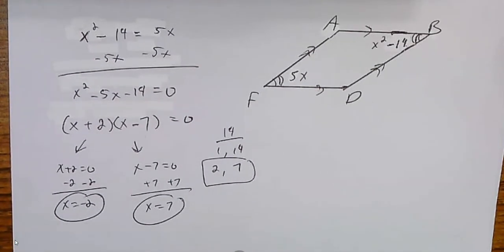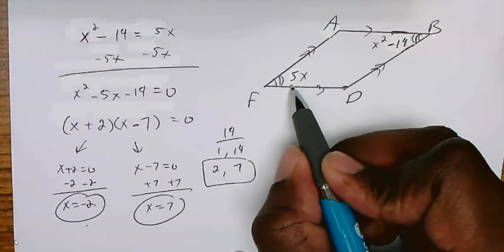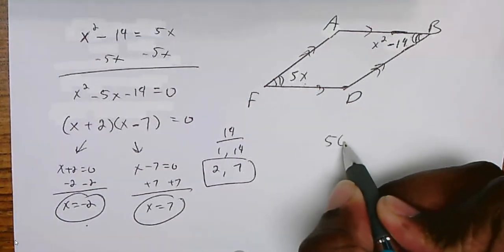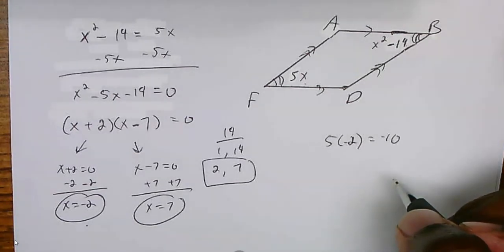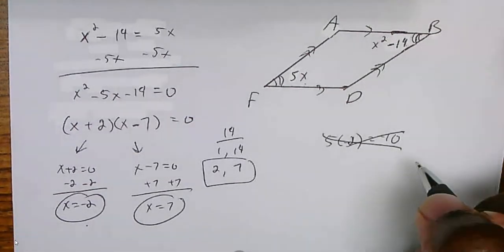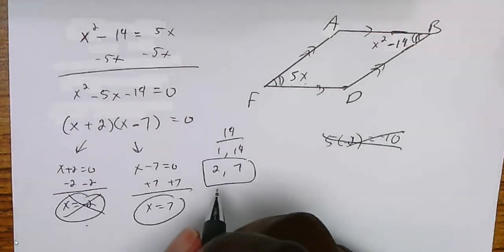So if that's true, let's test it. Let's test the negative 2 first. If it was negative 2, that would be 5 times negative 2, which is negative 10. And angles can't be negative, so this is an unreasonable solution. So I can throw out the negative 2, because angles can't be negative numbers.